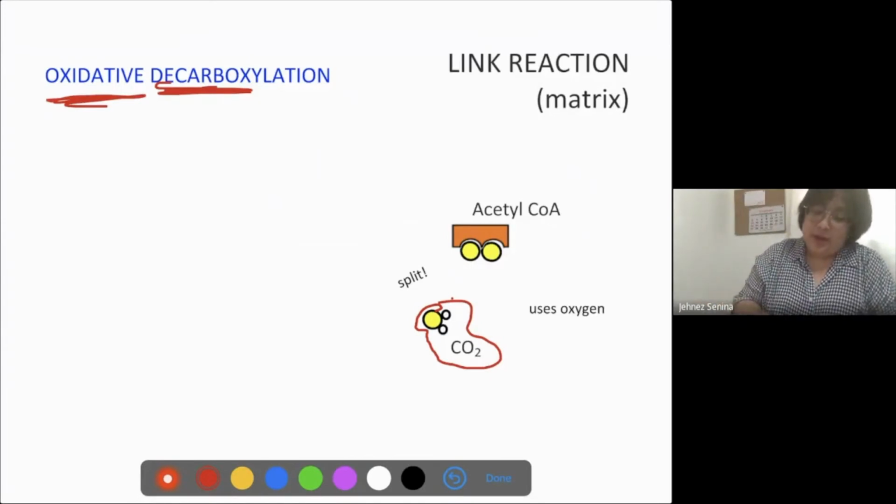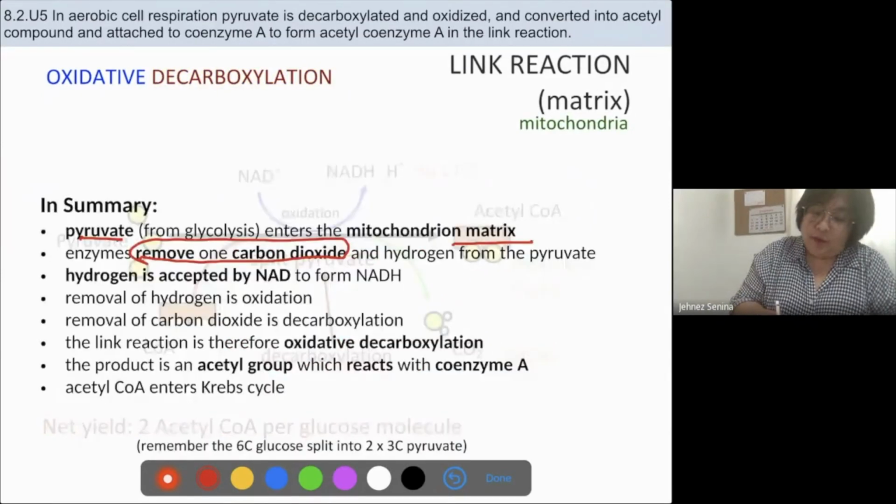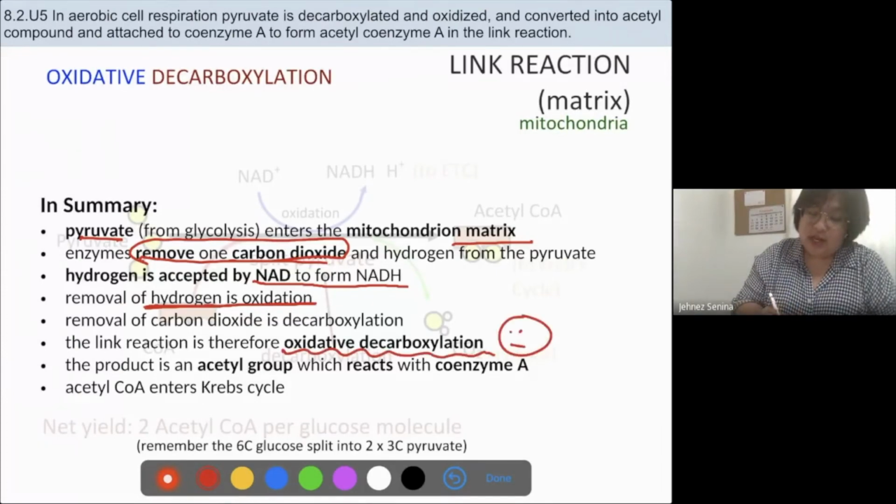So, removal of carbon to produce carbon dioxide. There's reduction of NAD to form NADH. There's removal of hydrogen and electrons in pyruvate. It undergoes oxidation. Therefore we call it oxidative decarboxylation. I know my kids know that. They got it. All right, the product is acetyl coenzyme A.